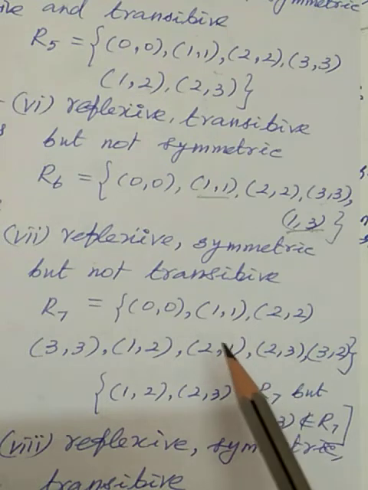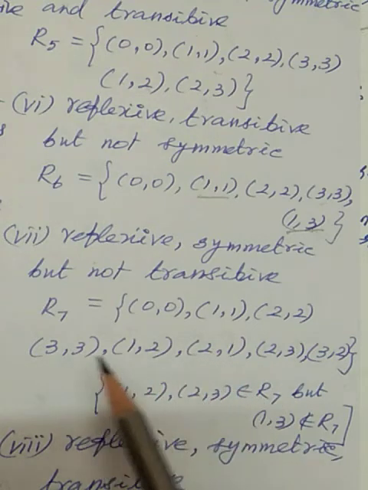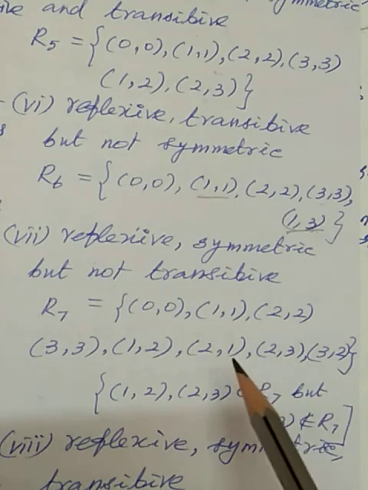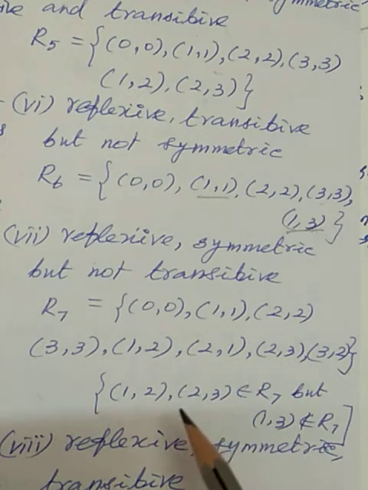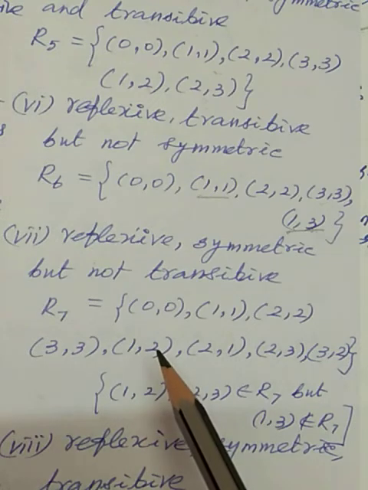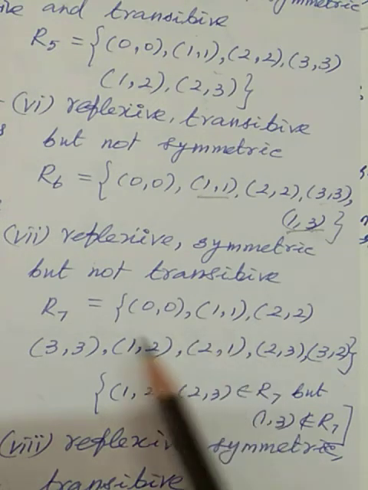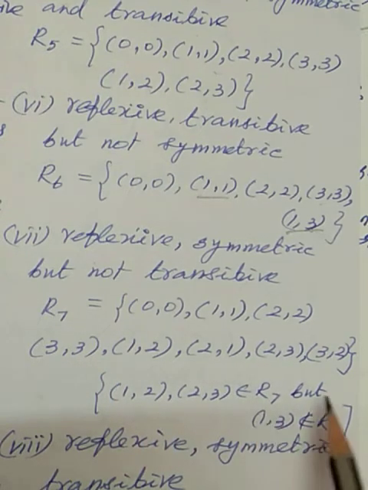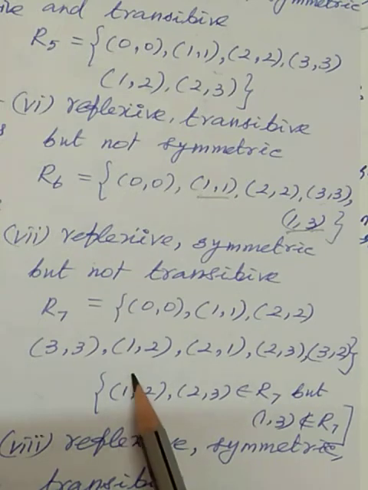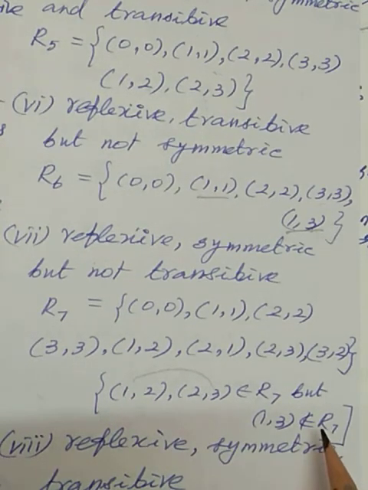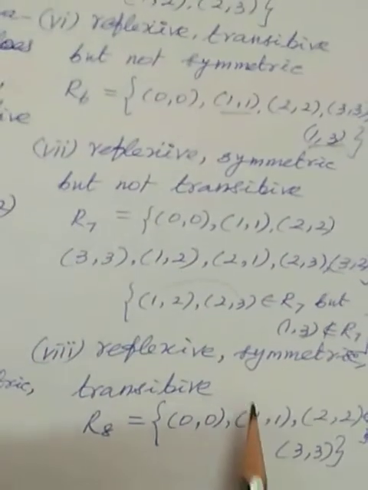But symmetry (1,2), (2,1), (2,3), (3,2). Okay. Verify for transitive. You see here (1,2) and (2,3). You take these two. (1,2), (2,3) belong to R7, but (1,3) doesn't belong to R7, and hence it is not transitive.